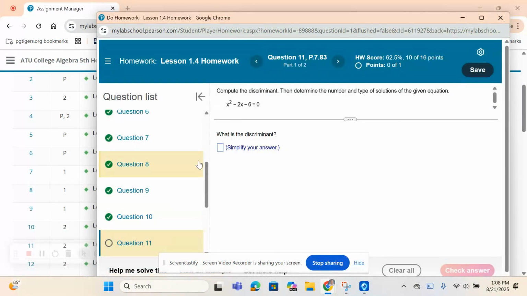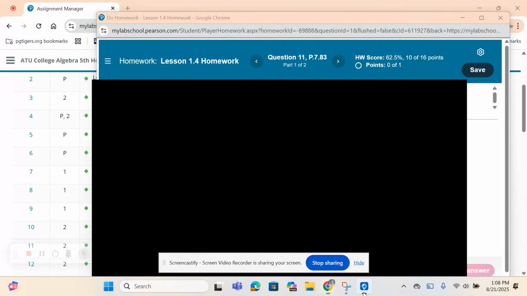11. Compute the discriminant and determine the number type of solution. So this one isn't that bad. This is light work. The discriminant's b squared minus 4ac. I'm going to copy this down first. Okay.